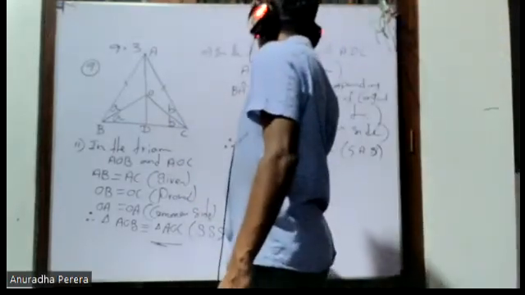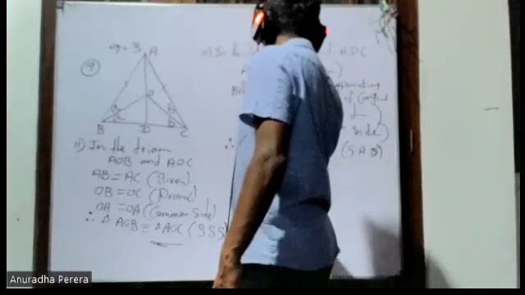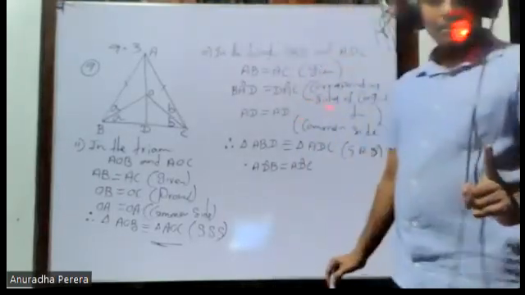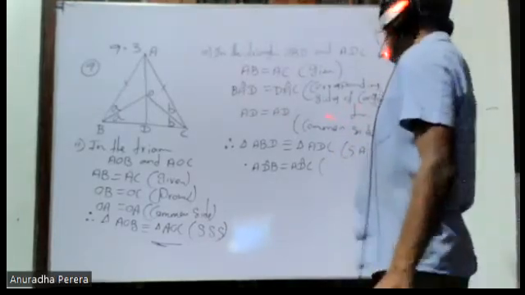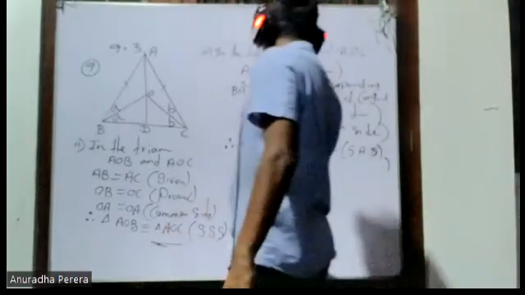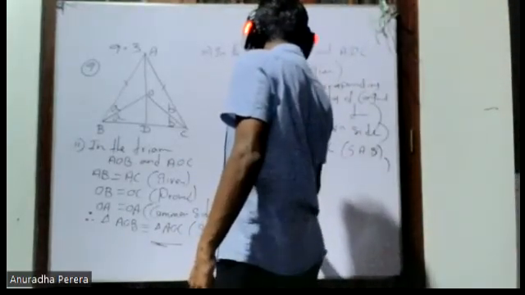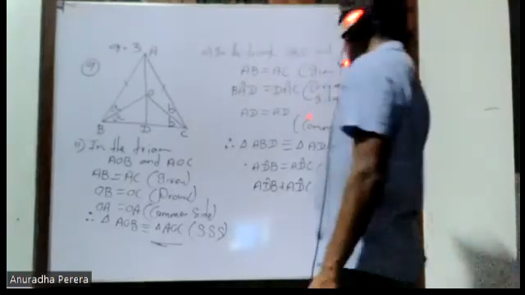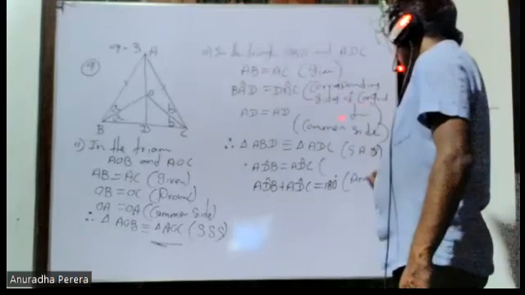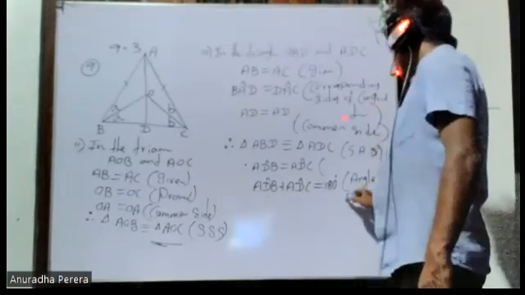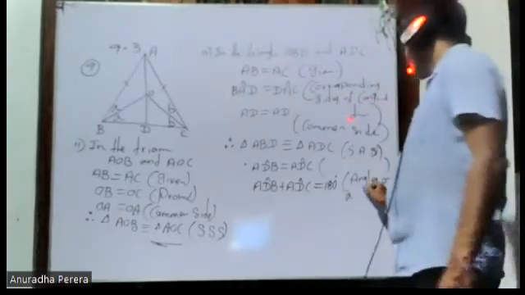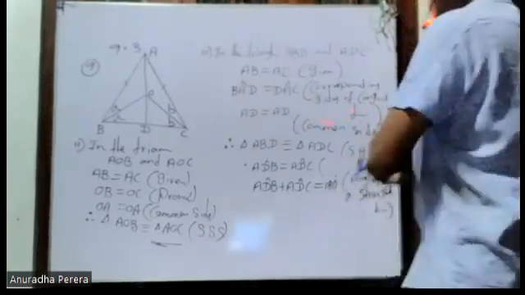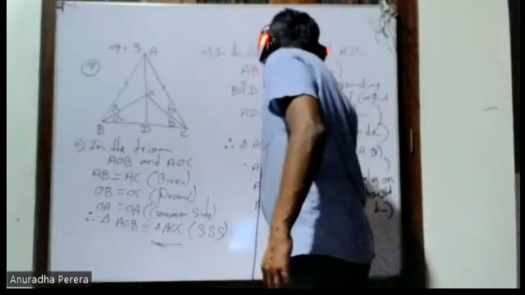Right? Then we can say these two are equal. Therefore, ADB equals ADC, corresponding angles of congruent triangles. But you know ADB plus ADC is 180 degrees, angles on a straight line. Then you can substitute ADB for ADC.